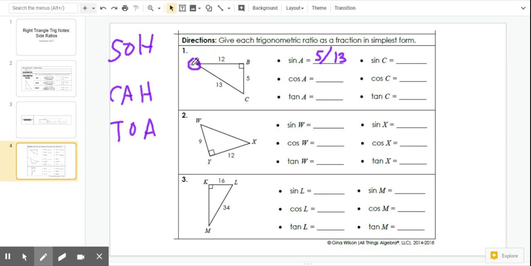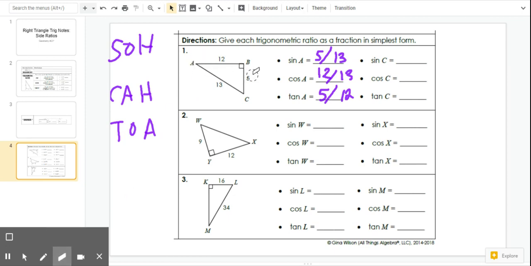The hypotenuse is still 13, and the adjacent leg is the one next to A, so that's 12. So 12 over 13. Tangent of A is opposite over adjacent. Opposite is 5, over the adjacent leg, which is 12.